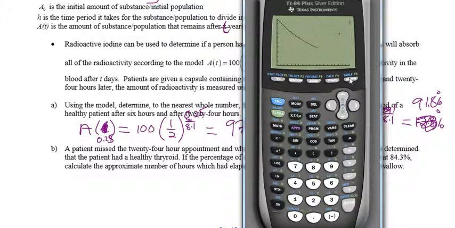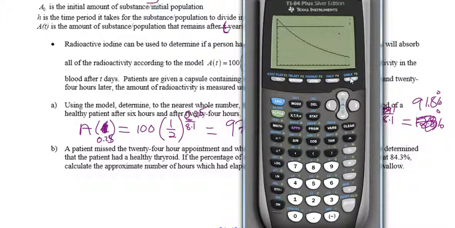We're going to start at 100%, and this is a declining function, right? Remember our two exponential types are increasing and decreasing. And we want the patient to have 84.3%.